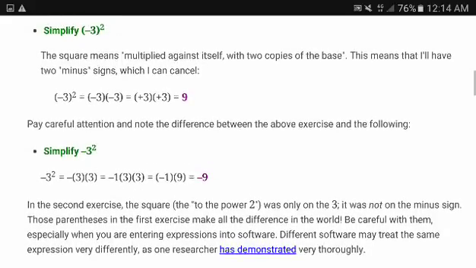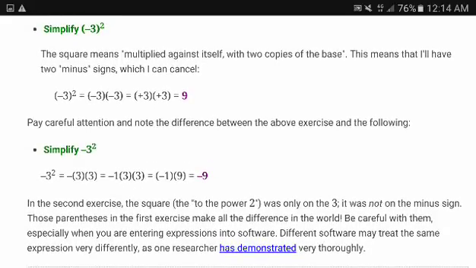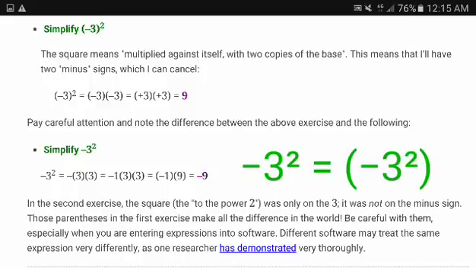Next, pay attention and note the difference between the above exercise and the following. Yung kanina na binanggit natin itong nasa taas, negative 3, yung dalawa nasa loob ng parenthesis. Now, ang next example natin ay walang parenthesis.